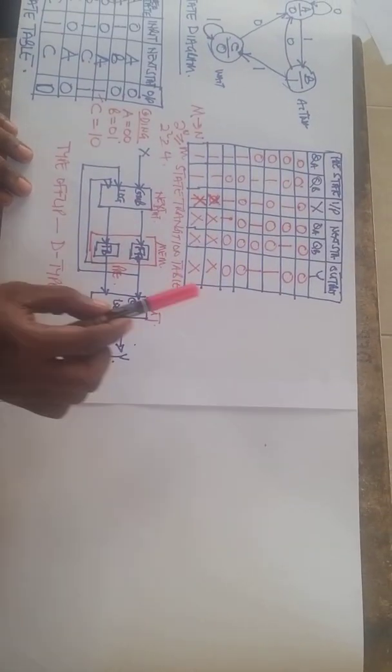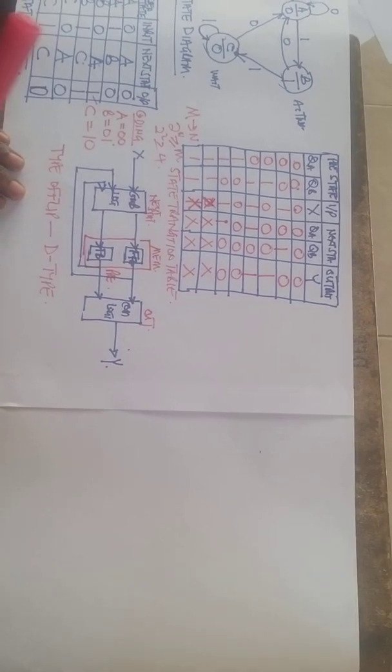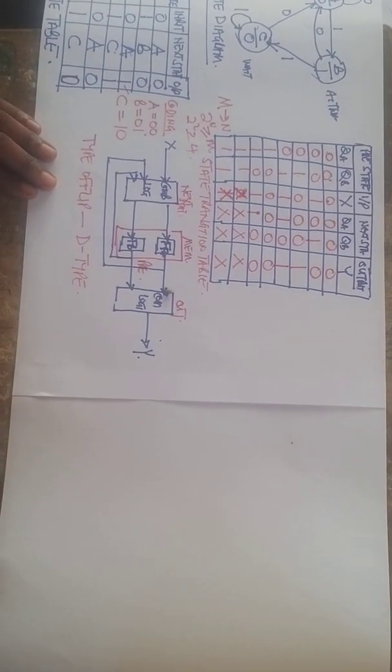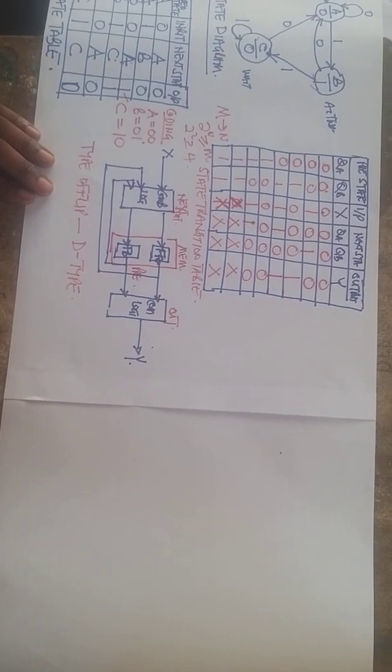So I'm going to redraw the state transition table to include the D flip-flop.